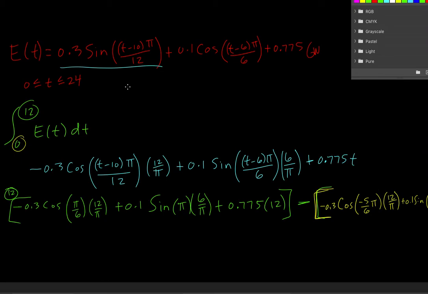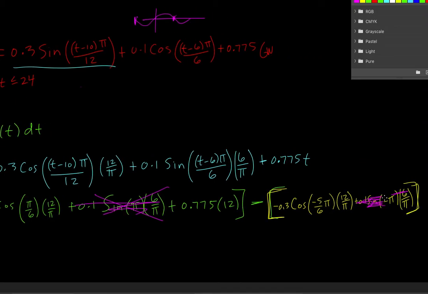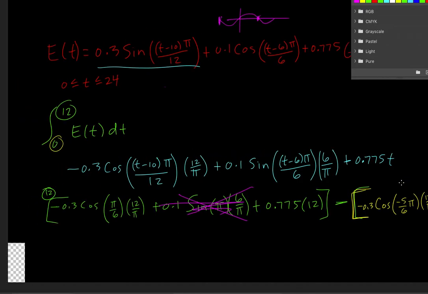For example, if I'm looking at sine of pi, or if I look at sine of negative pi, both of those go to 0, so this entire portion, including all the stuff over there, is gone, just because that all goes to 0.